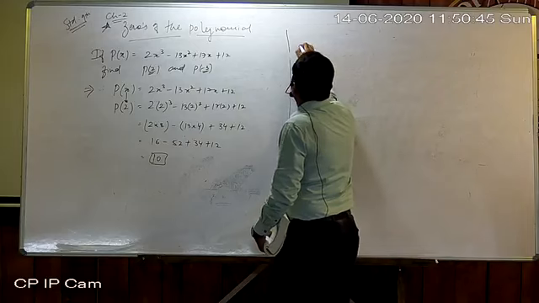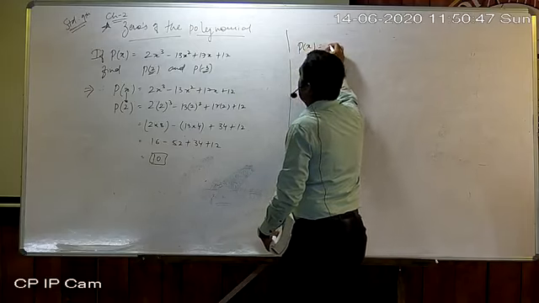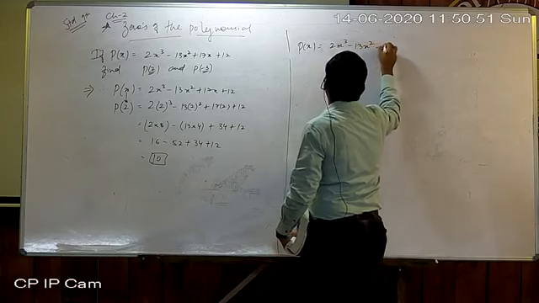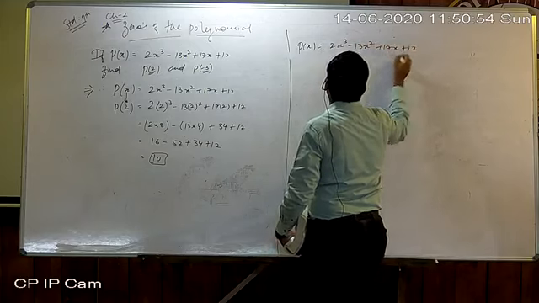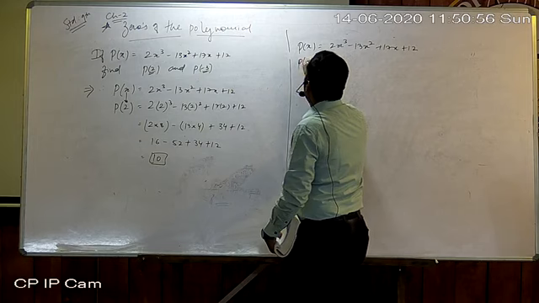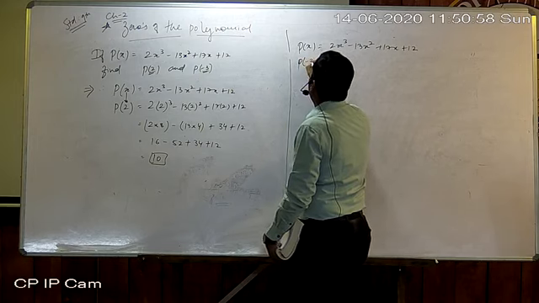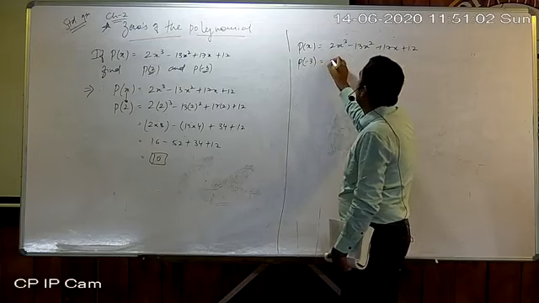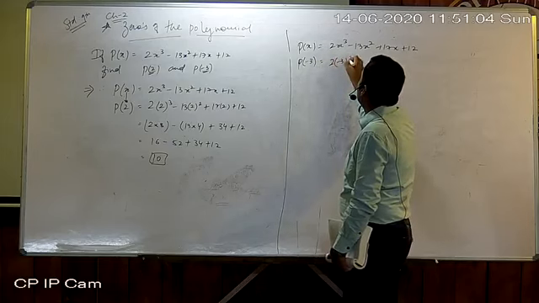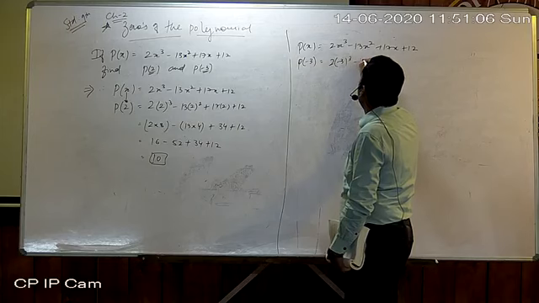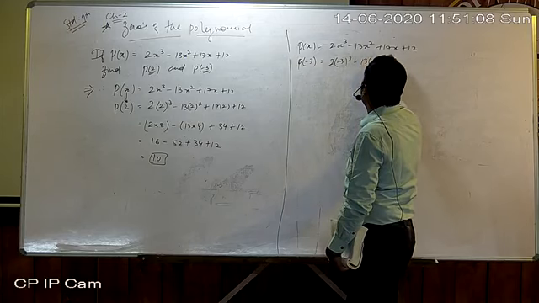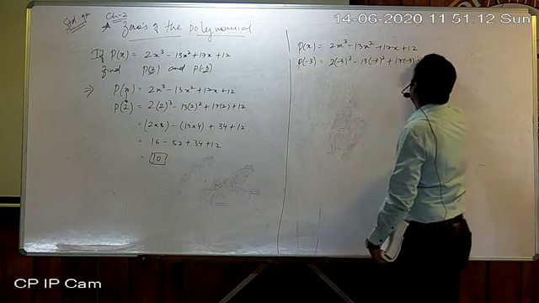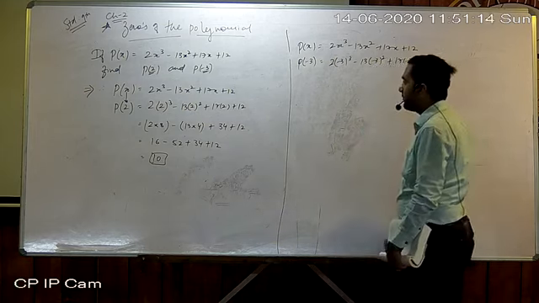So given polynomial p of x equal to 2x cube minus 13x square plus 17x plus 12, put the value of minus 3 as the value of x. So 2 into minus 3 cube, minus 13 into minus 3 square, plus 17 into minus 3, plus 12.